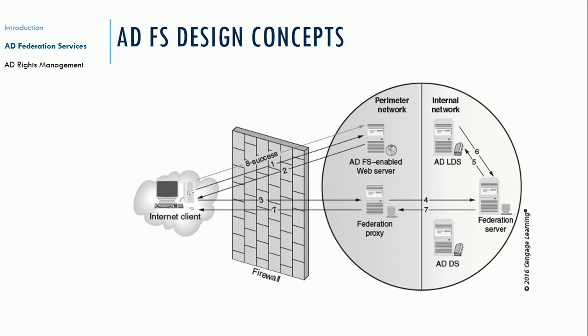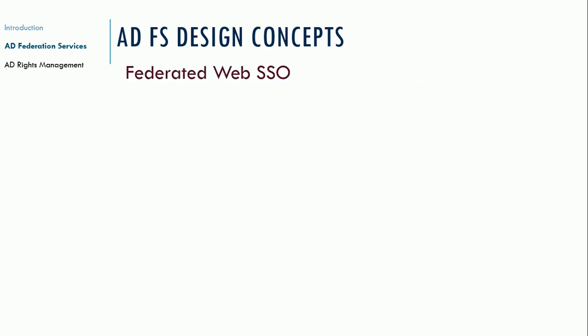It's a lot of steps, but this is actually a lot more secure than having to expose any of those services. If you didn't do this, then your Active Directory enabled web server would have to do Active Directory authentication directly with nodes on the internal network. So it would be passing those authentication tokens directly into our internal network. And this also allows you to do authentication with other organizations as well.